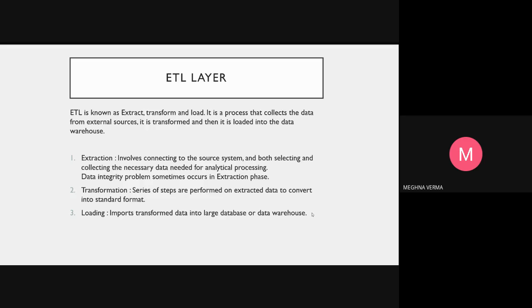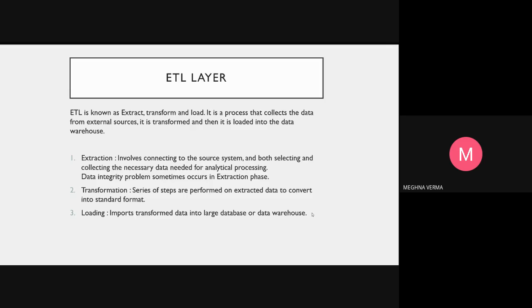Extraction involves connecting to the source system and both selecting and collecting the necessary data needed for analytical processing. First of all, we have to connect to the source system. After that, we have to select the necessary data and then collect the required data for further processing.